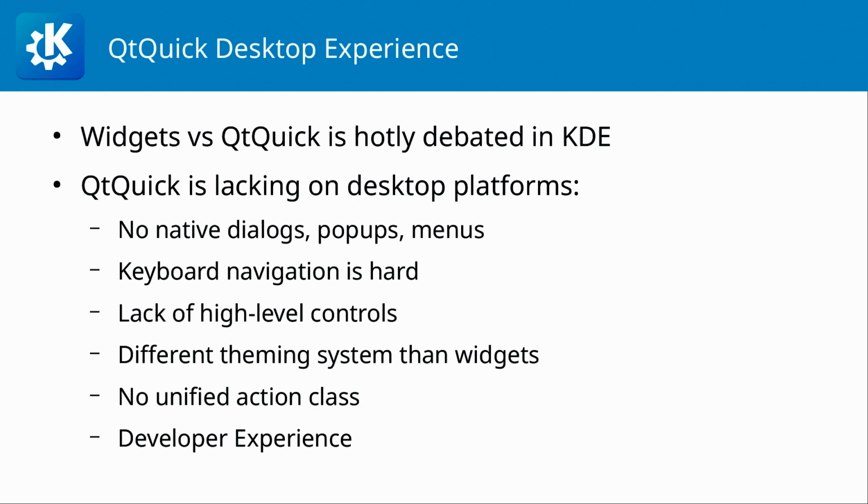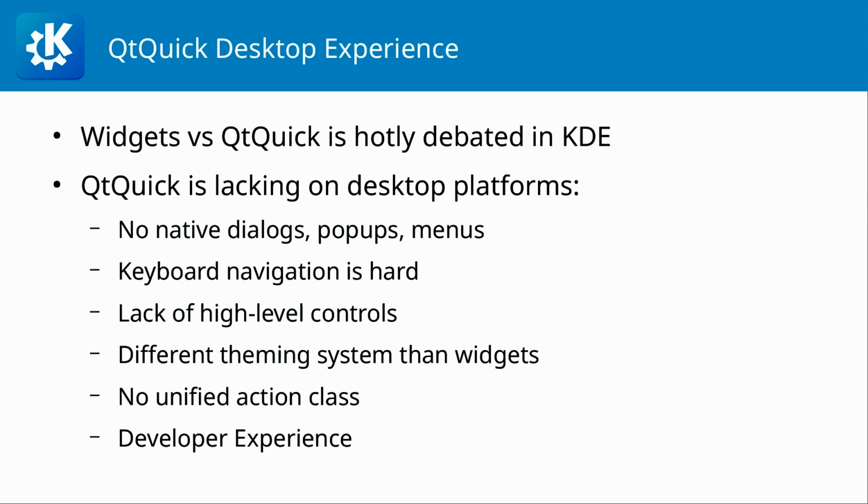Then, I've mentioned keyboard navigation is harder than it should be, which is a problem not only in general, but specifically for accessibility, which is one of our goals. Then sometimes there's a certain lack of high-level controls.